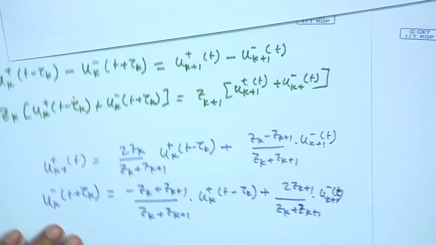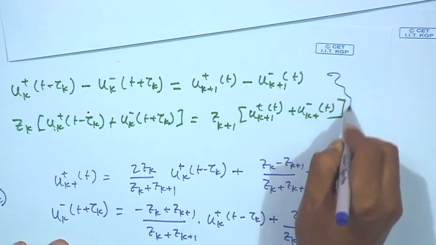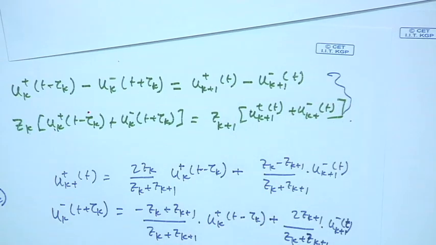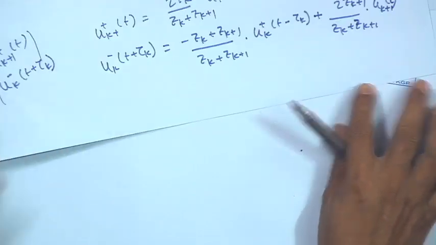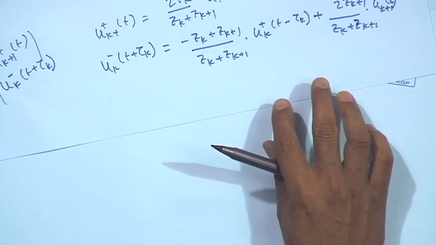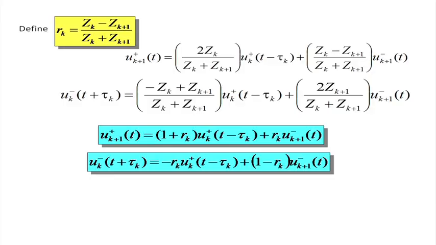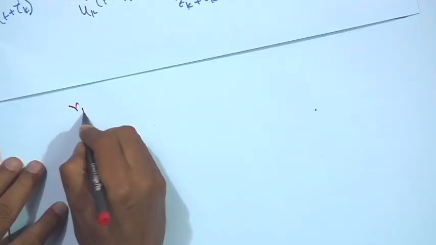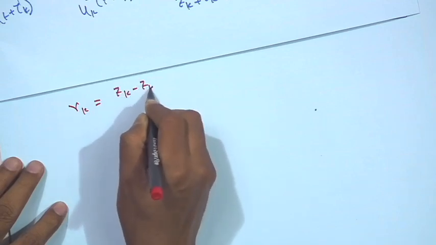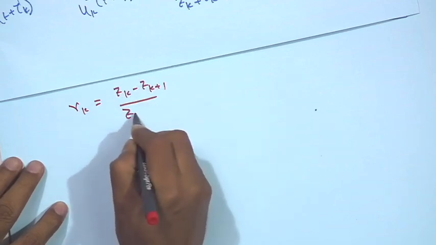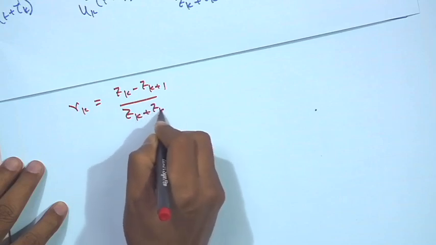These are the two expressions I will get from these two equations. Okay. Now, just try to simplify these two equations. So, what I can write is that if I write R k, it is nothing but z k minus z k plus 1 divided by z k plus z k plus 1.